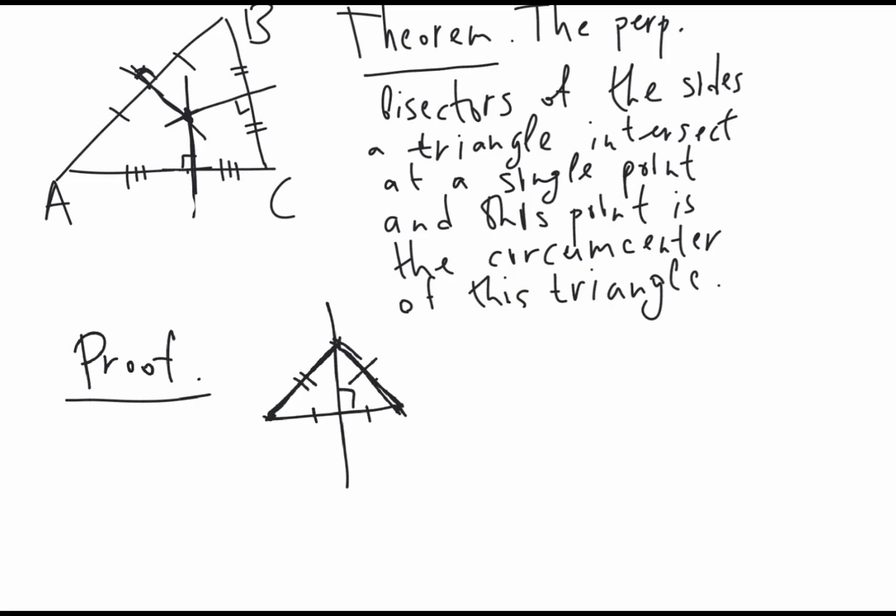So these two distances are always the same. So let's say if it's segment AB, then the perpendicular bisector is the locus of points X such that AX is equal to XB.